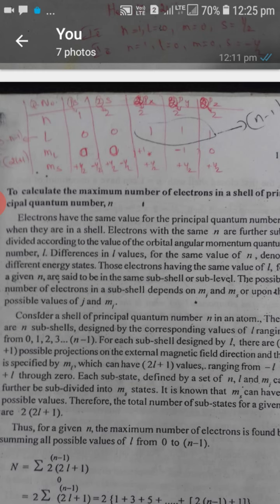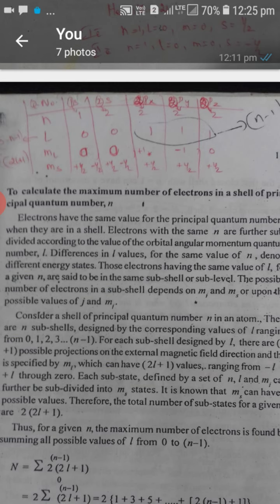Then, with the electron moving in the anti-clockwise direction, n equal to 1, l equal to 0, ml equal to 0, ms equal to minus half. Therefore, two electrons cannot occupy the same orbital with the same four quantum numbers. Only one electron can occupy it. This is called Pauli's exclusion principle.